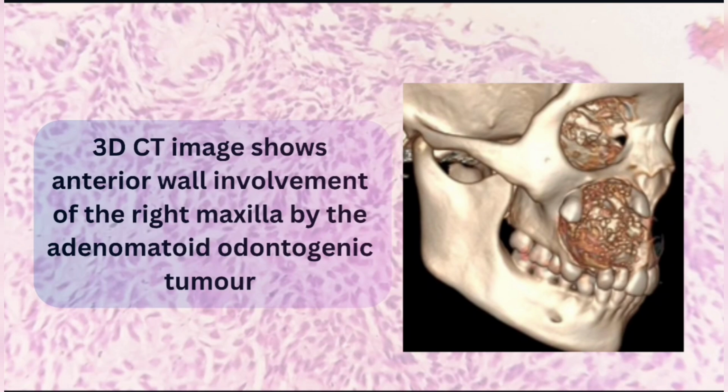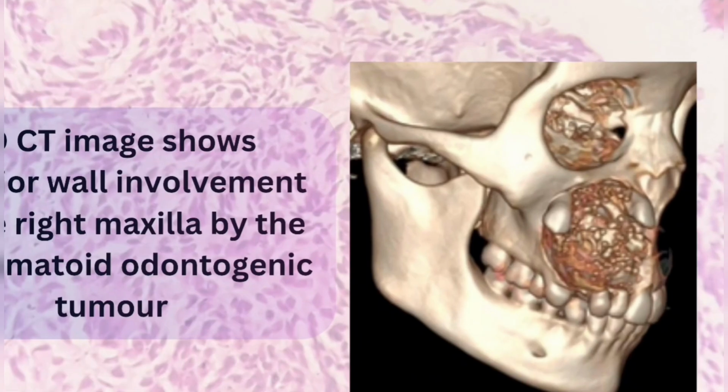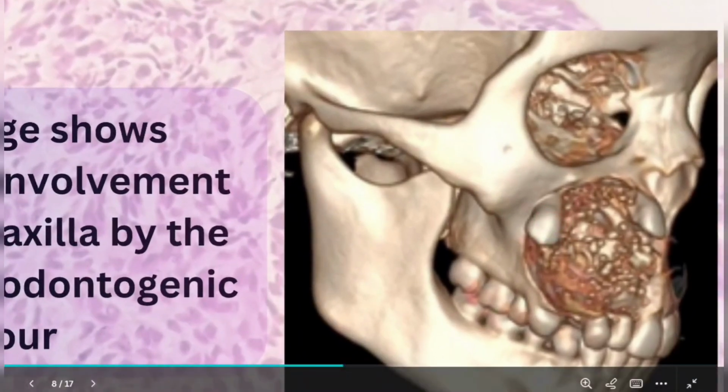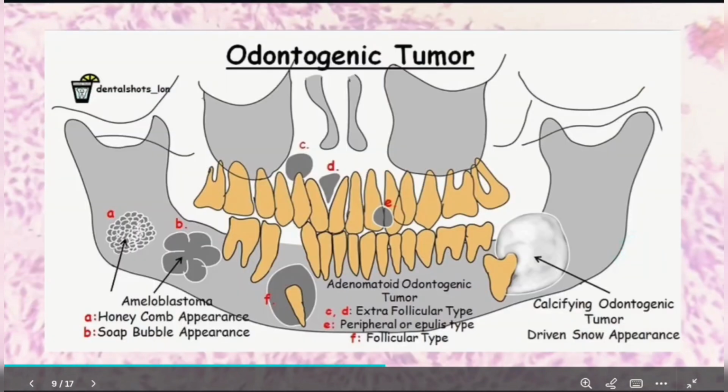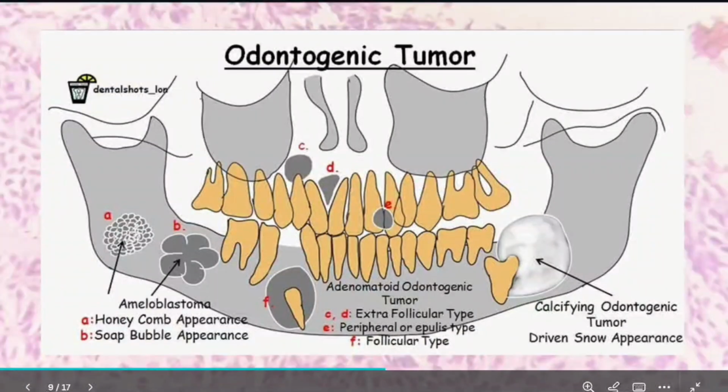Here it is, the bone is thoroughly destroyed, and we can appreciate a large mass along with the impacted teeth here and here. So again we can see here the odontogenic tumors, which are a variety of tumors found in our oral cavity.